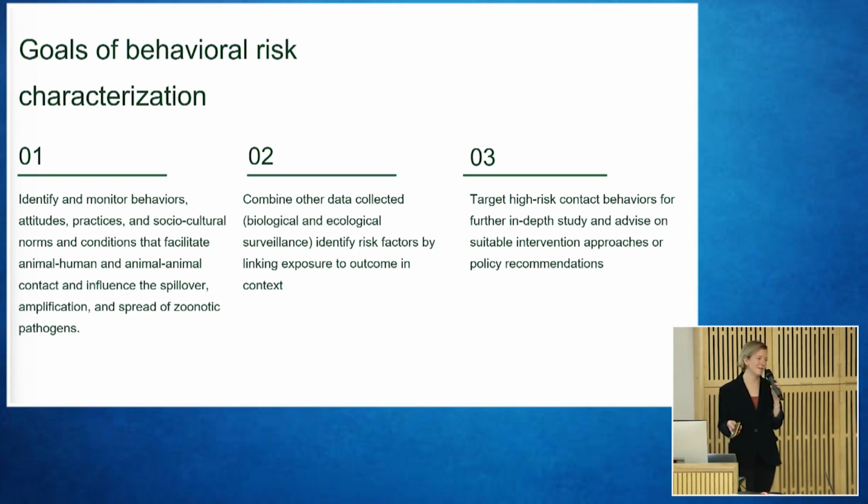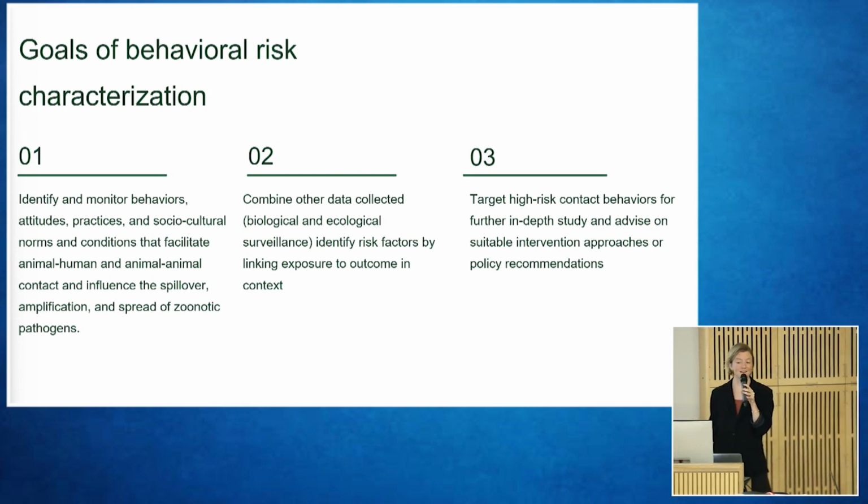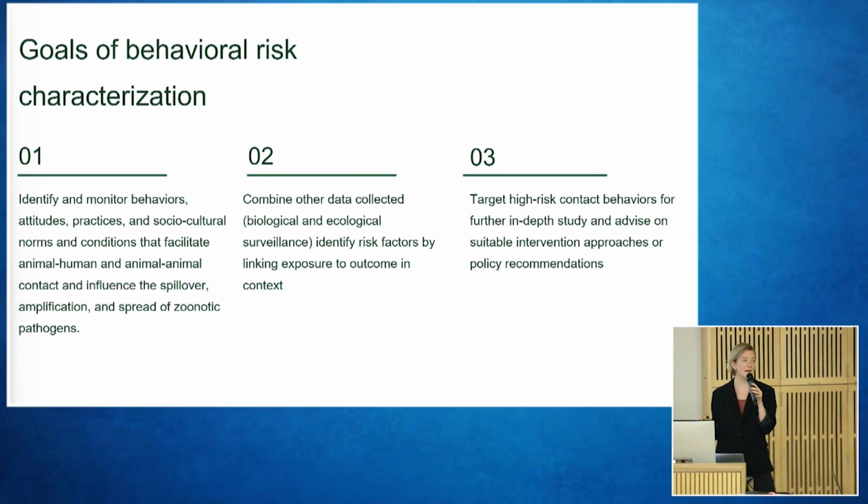The goals of a behavioral risk characterization start with the identification and monitoring of behaviors, attitudes, practices, and social and cultural norms, and conditions that facilitate animal-human and animal-animal contact and influence the spillover, amplification, and spread of pathogens. The second level is to take that identification and monitoring and combine it with other data that we collect. So the biological and ecological surveillance that we're also doing to identify risk factors by linking exposure to outcome within the specific context.